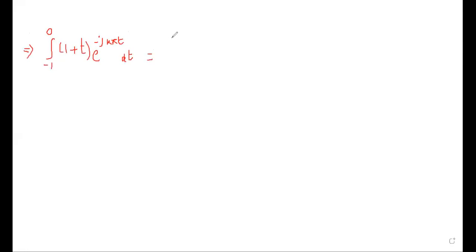So now I can just split the integration. It is 1 multiplied with e power minus j k pi t dt, plus the integral from minus 1 to 0 of t into e power minus j k pi t dt.